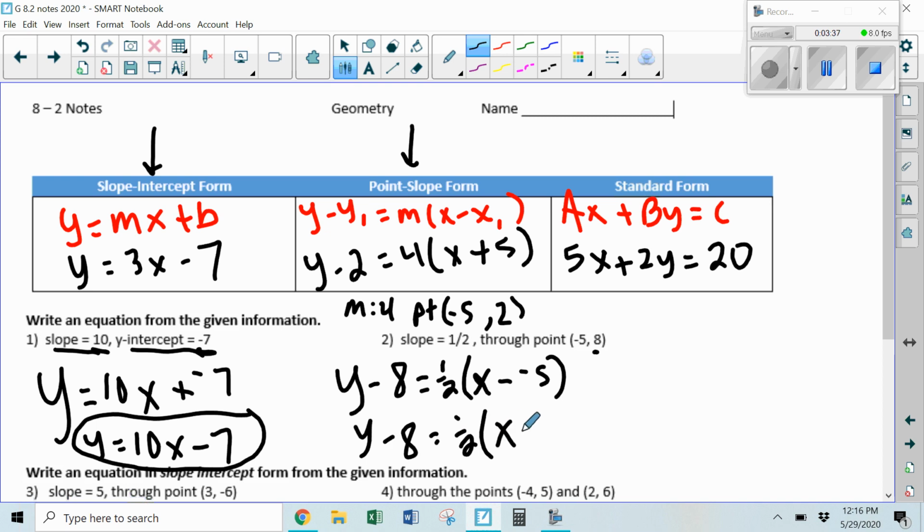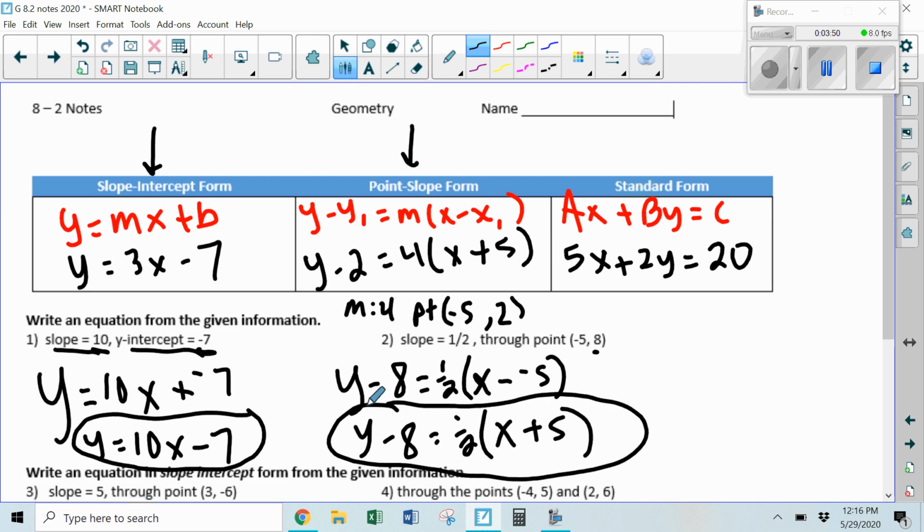Minus and negative is plus. So there is your equation. Don't distribute the half because then it will no longer be in point slope form. So you can see, depending on what information you're given kind of determines what form you want to go to. If they give you slope and intercept, obviously slope intercept. If they give you a point and a slope, like they did here, then you do point slope form.